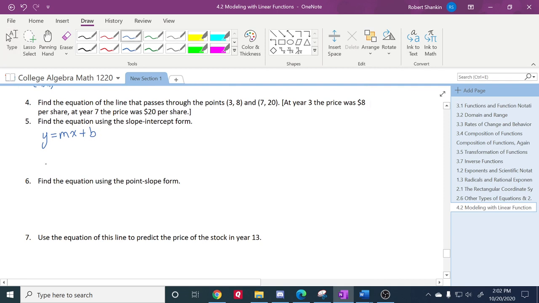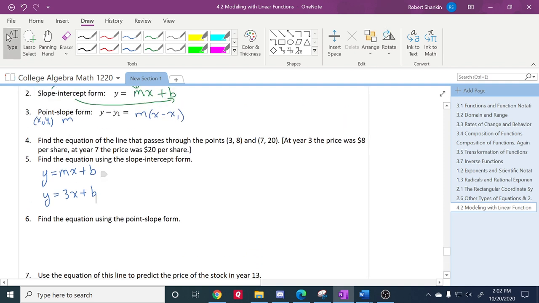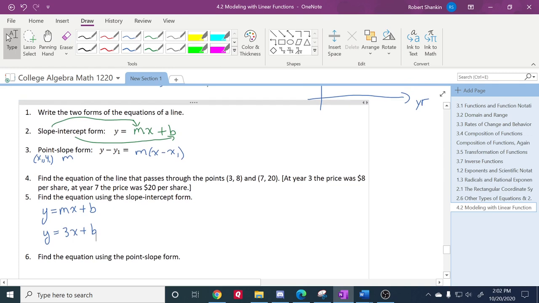So we plug that in. But we have to figure out what the b is to come up with the total equation of this line.